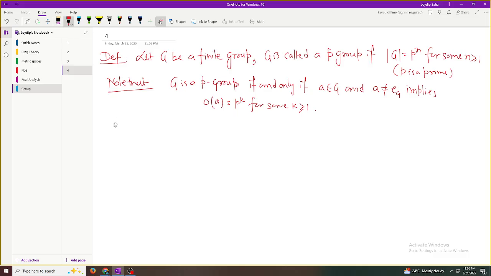Another observation: if G is a P group, then let G be a finite group. Consider the class equation.